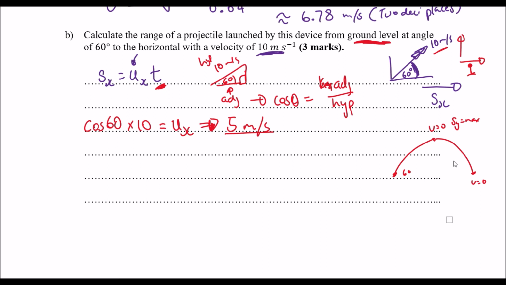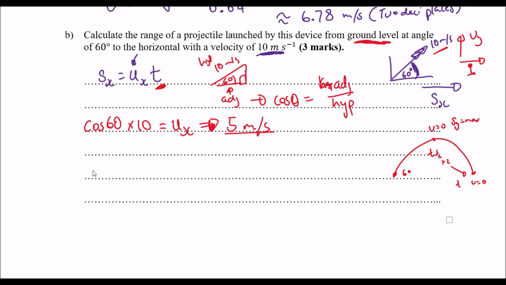Okay, so what we can do is work out the time it takes to reach this maximum height here, and then we can times this by 2 in order to find the total trip time of this projectile. Okay, so firstly we need to know what the initial velocity is.